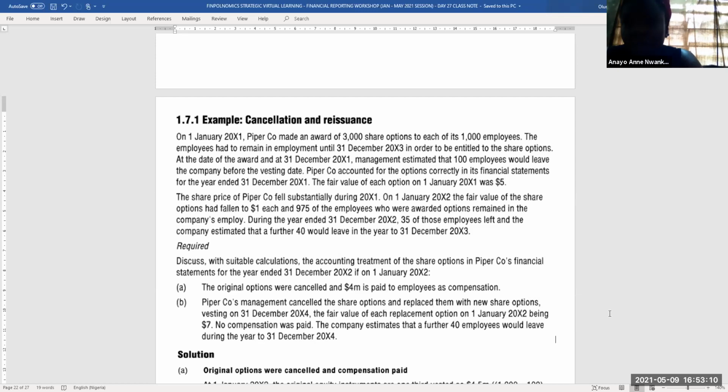By 20x2 we had an additional 35 employees leaving, and it is also estimated that 40 will leave in 20x3. So there was an estimation that 35 and 40 will be leaving in 20x2 and 20x3 respectively. That's what I can deduce from the information.